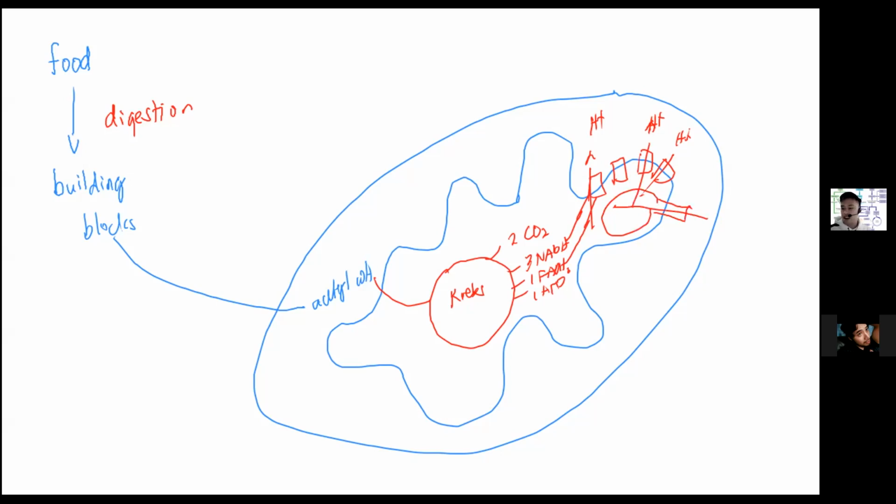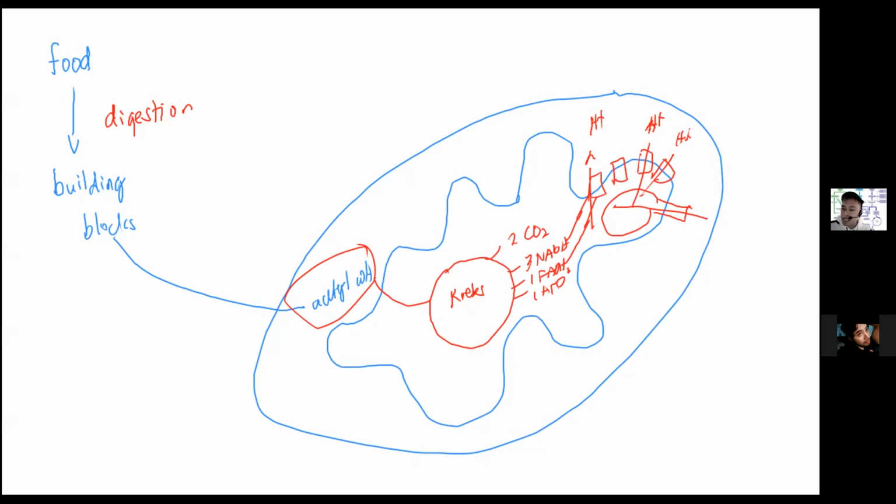So we're already aware how acetyl-CoA can be utilized to form adenosine triphosphate, which is the energy currency of the cell. The ATP produced in this process will then be transported to the different parts of the cell for usage, because of hydrolysis of the phosphate group of ATP.